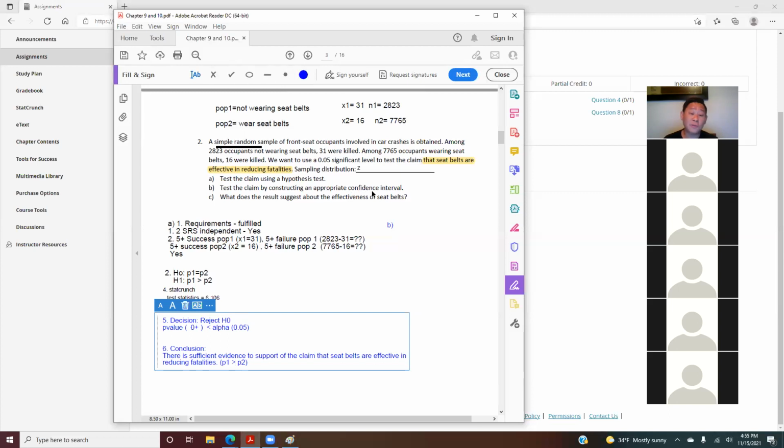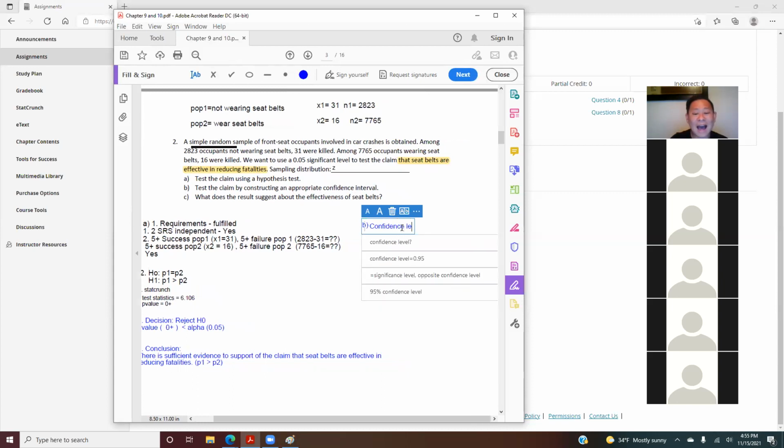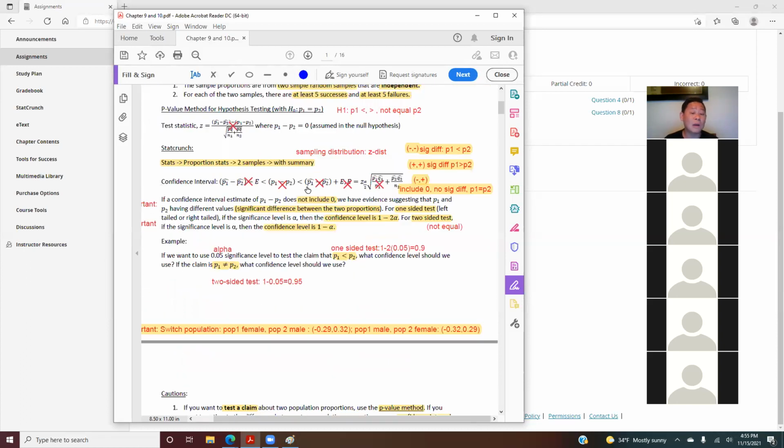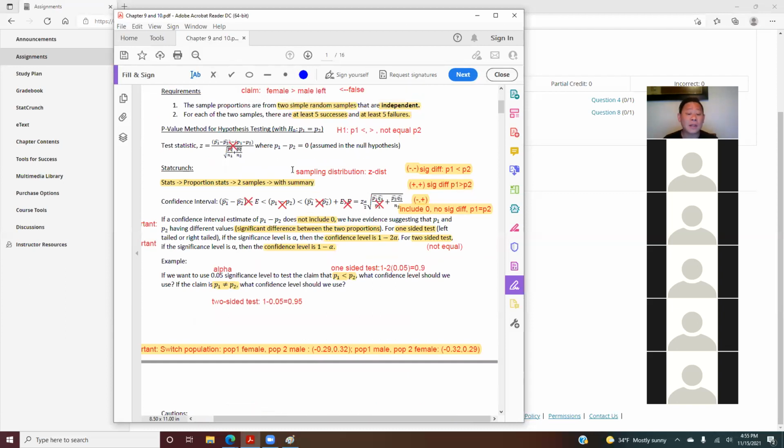Now, in order for you to find the confidence interval in part B, you need to find the confidence level. How do you find the confidence level? It depends on your claim statement. If you have a one-sided test, which is the left tail or right tail, your confidence level is 1 minus 2 times alpha.